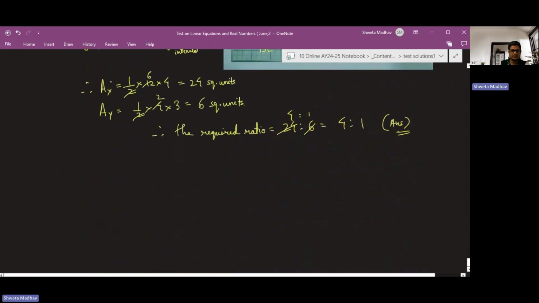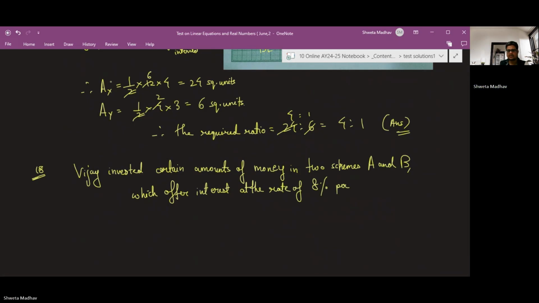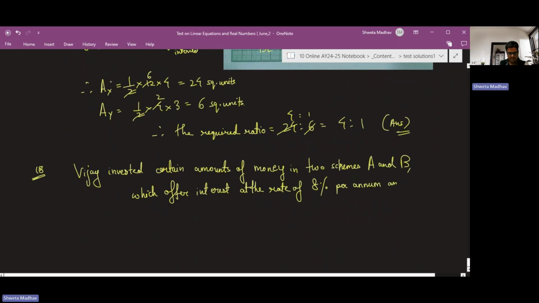Then question number 18 says that Vijay invested certain amounts of money in two schemes, A and B, which offer interest at the rate of 8% per annum and 9% per annum, respectively.